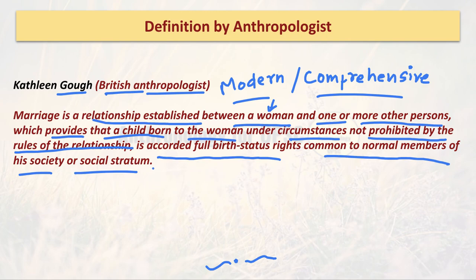These are very heavily loaded words. It gives a comprehensive definition that fits modern society, but again it does not match every culture. You can quote this definition when writing about marriage, and always name Gough, the anthropologist.